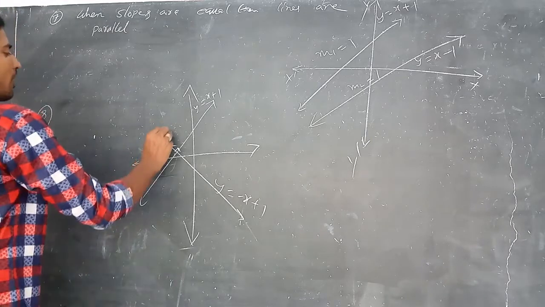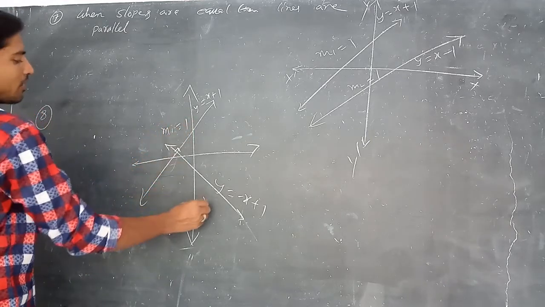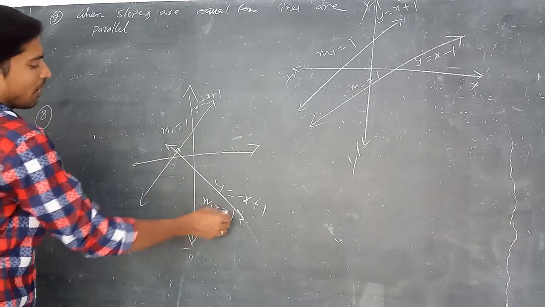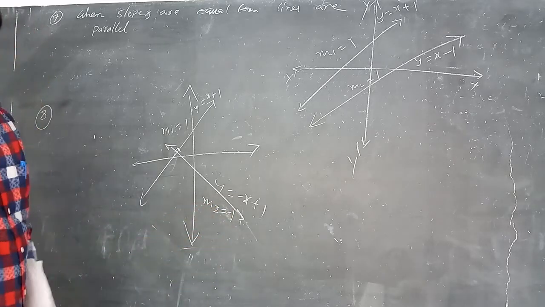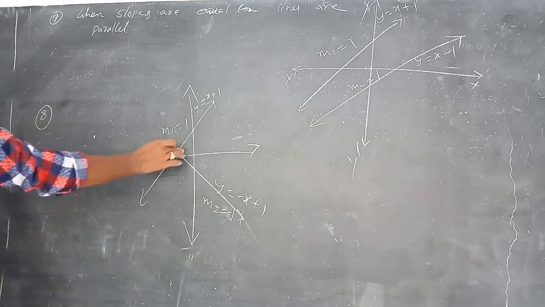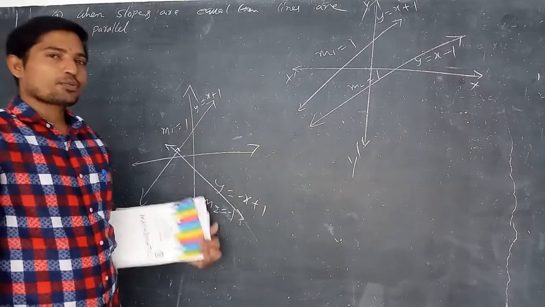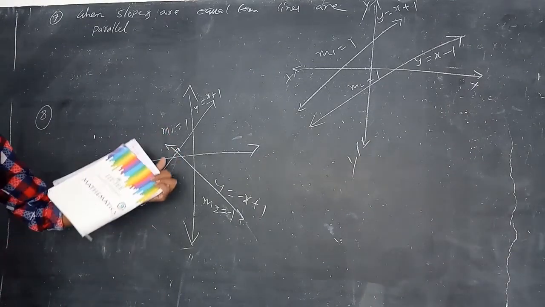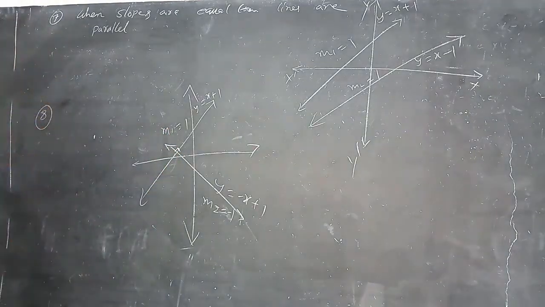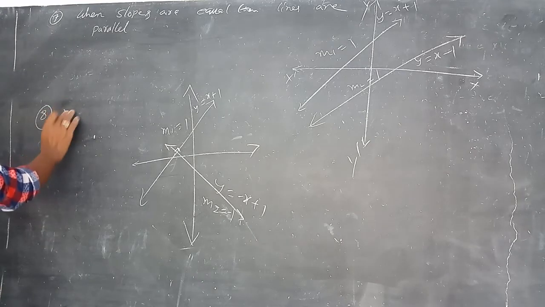Observe them: m1 equal to 1 and m2 equal to minus 1. Slopes are not equal, but those lines are perpendicular.